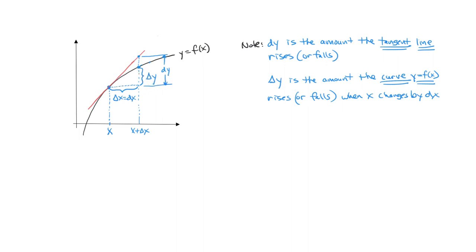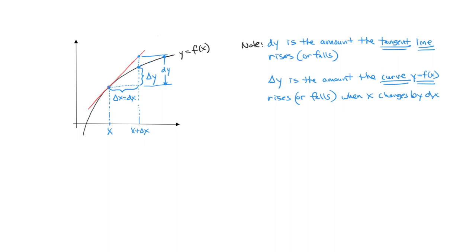And now what we'll do, we'll walk through a little argument that makes it seem reasonable that we can use dy as a pretty good approximation for delta y as long as we're close enough to x. Or in other words, as long as delta x is pretty small.